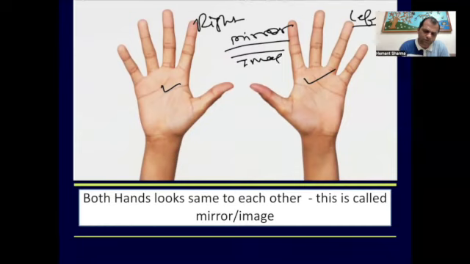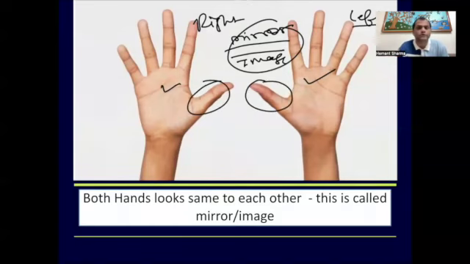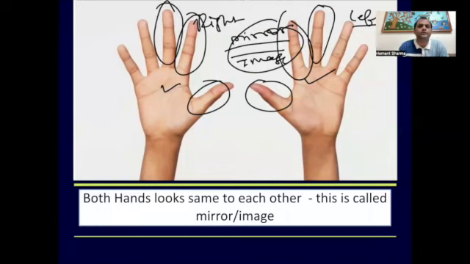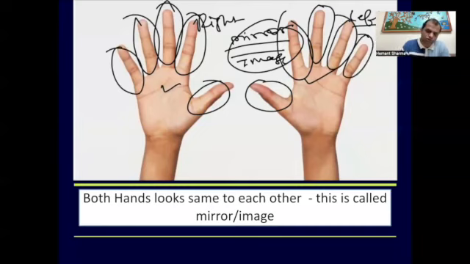Right now I'm not doing the differentiation between mirror and image. So I can say the thumb looks like the thumb of the other hand, index finger like index finger of the other hand, middle finger like middle finger, ring finger like ring finger, small finger like small finger of the other hand. So this concept is called mirror or image.